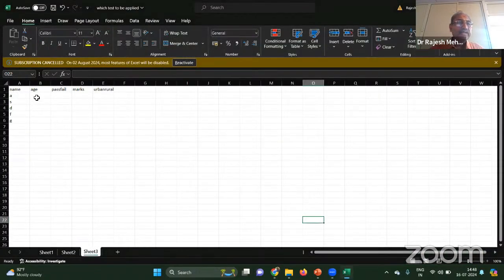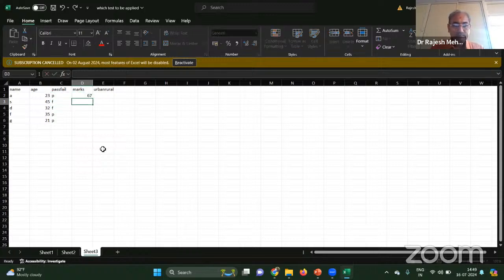Let's say you have an Excel file with data like this, 45, 52. You have such data in Excel and you should be able to analyze it in Epi Info, along with a column for urban or rural.